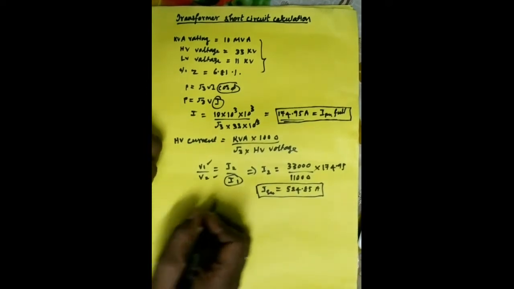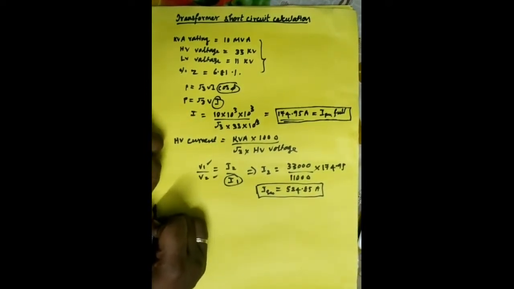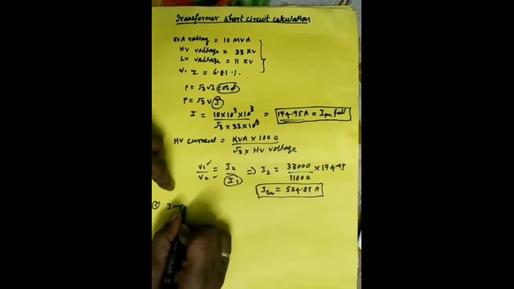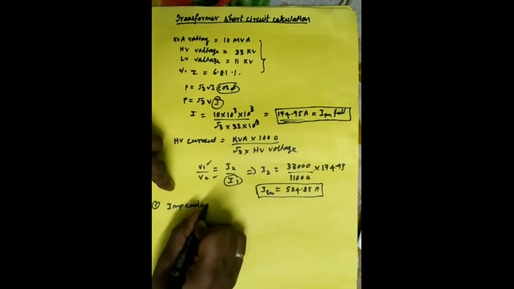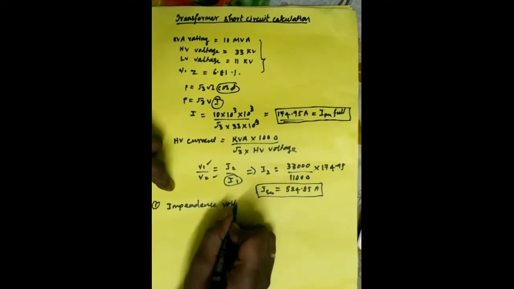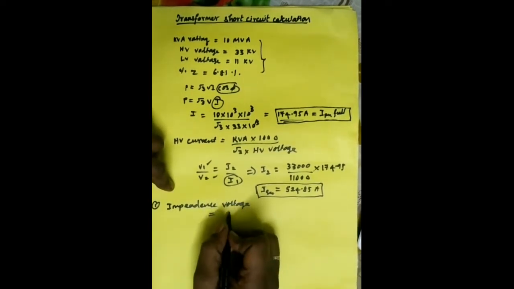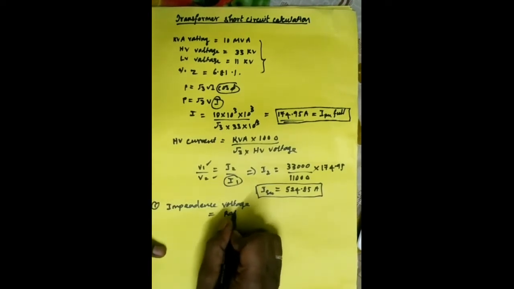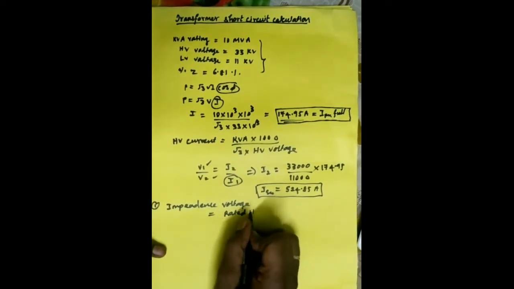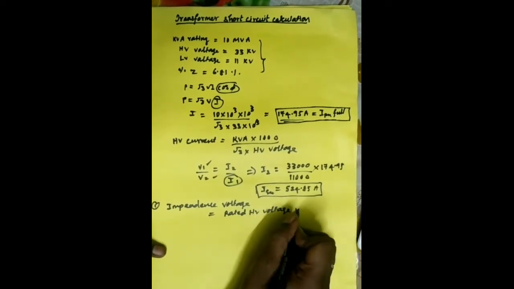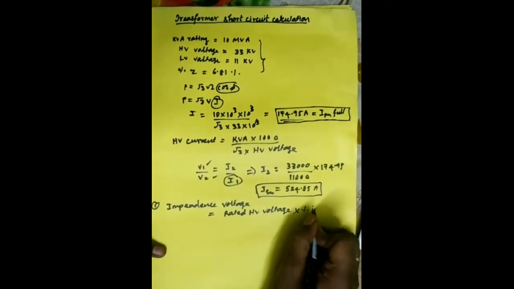So for calculating short circuit current, first we have to find impedance voltage. The formula for calculating impedance voltage equal to rated HV voltage into percentage impedance.